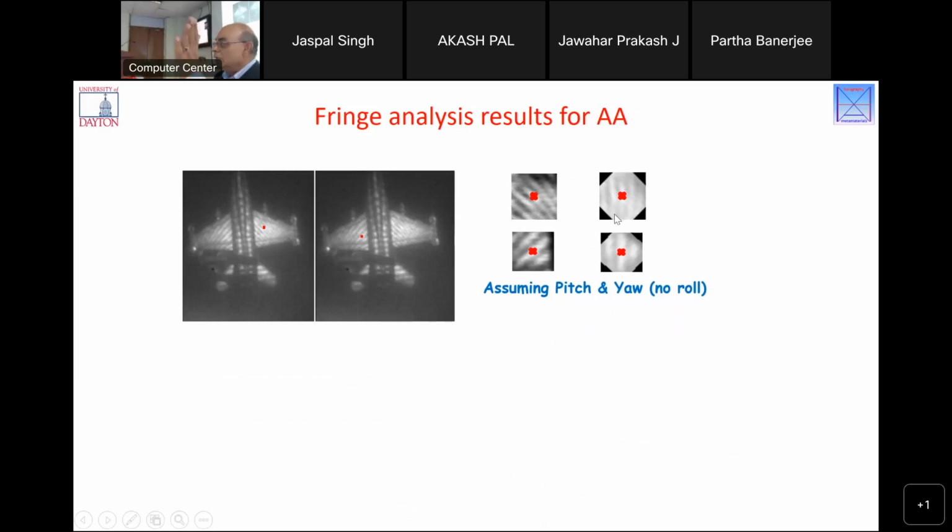Then we know the amount of rotation. Then once it was rotated, you can find out the period over here. And once you know the period here, you can work back and find out the period along X and period along Y because you know the angle of rotation. Does that make sense? So all of this had to be improvised in the lab. Okay, no one was there to tell us anything about it.